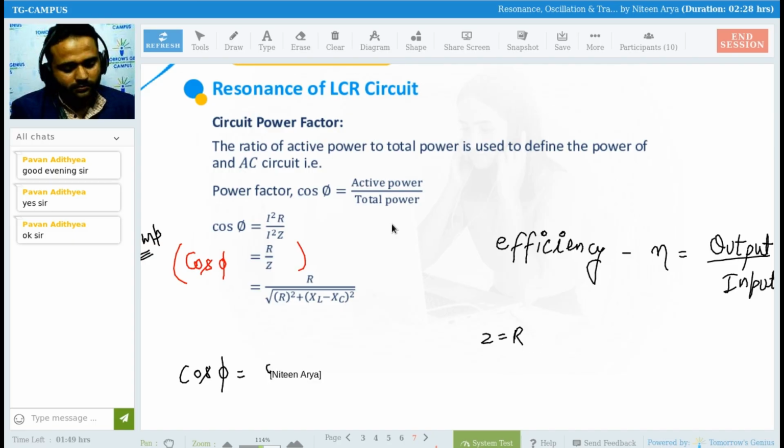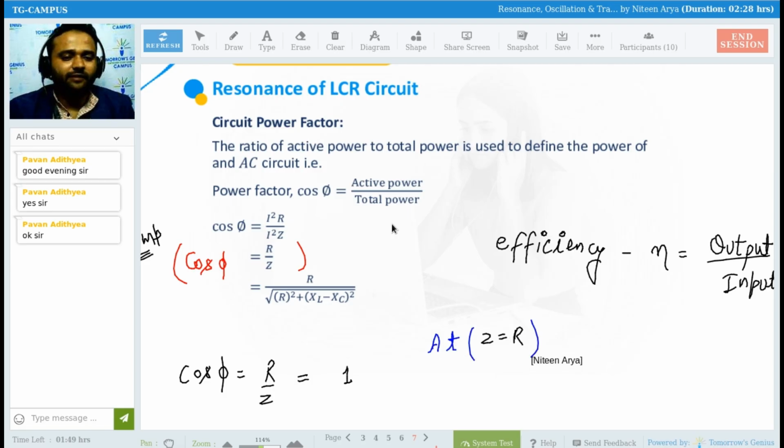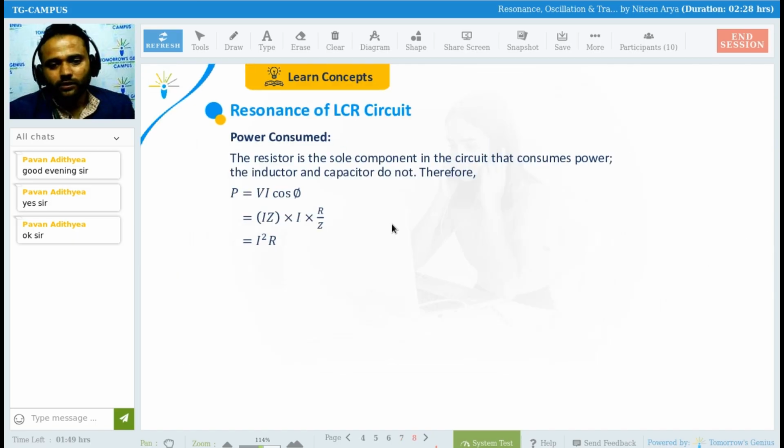So you can get R by Z equals 1 at Z equals R. Is this clear, everyone? Like we discussed efficiency for an engine, or for any particular system, in the same sense we discuss it here also.